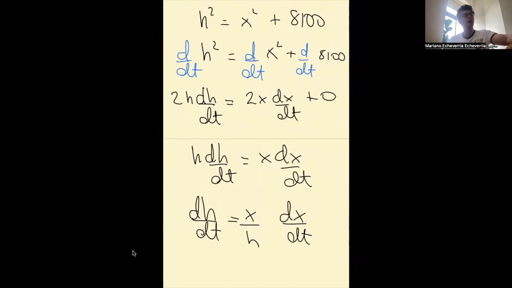Because x was the distance between the player and the second base. So dx/dt is the speed of the player towards second base, right? It is 16 feet per second, but you have to be a little bit more careful about that. Is it just 16 feet per second or is it something else?